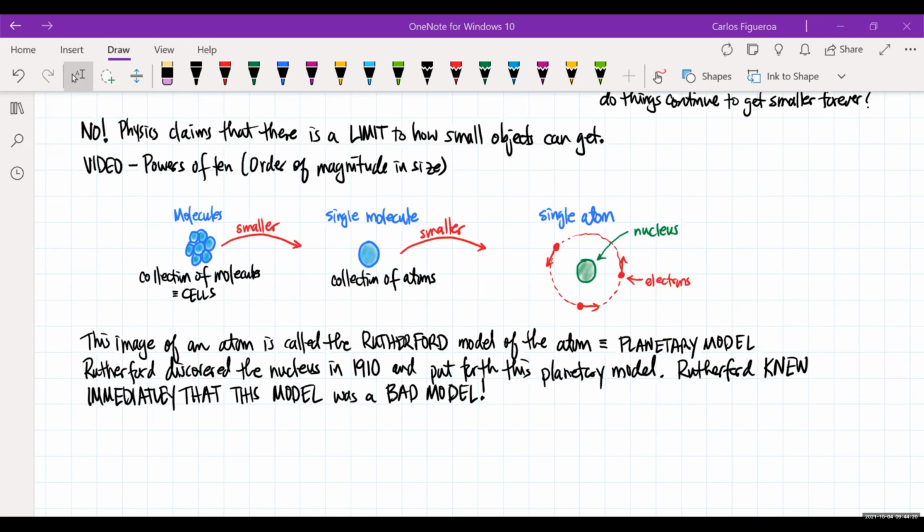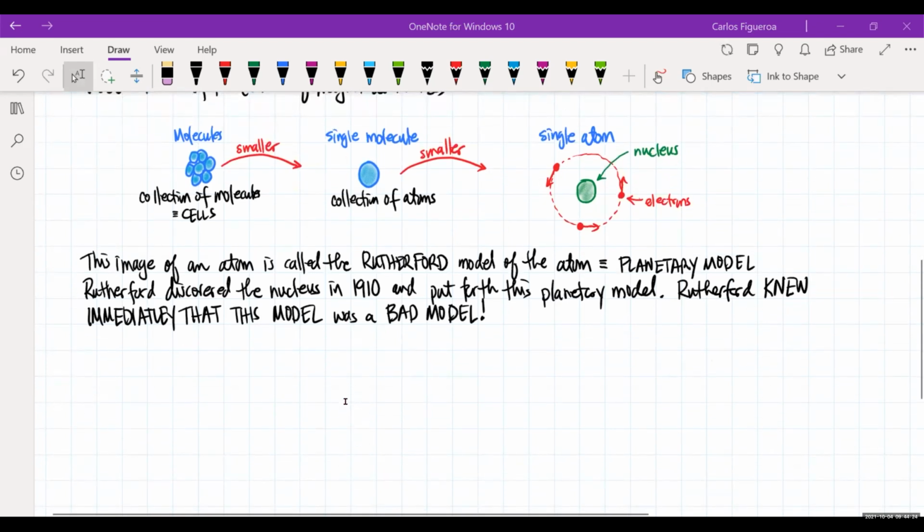But yet, that model still continues to this date. And what we find here is that this is a very common image of the atom. This is called the Rutherford model here. And just to be nice and clear, this is what I want to get rid of.